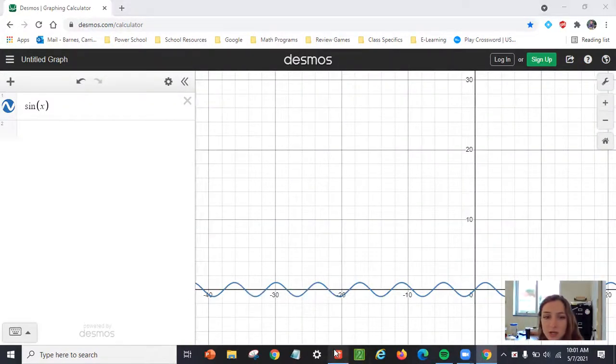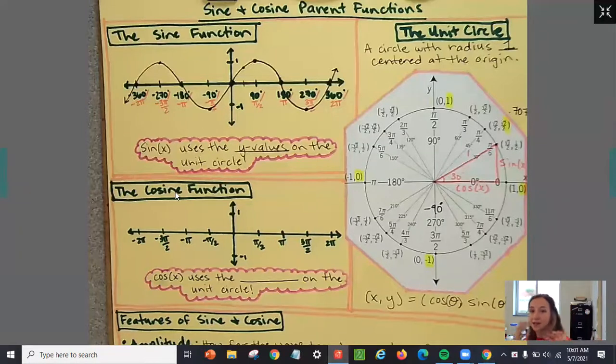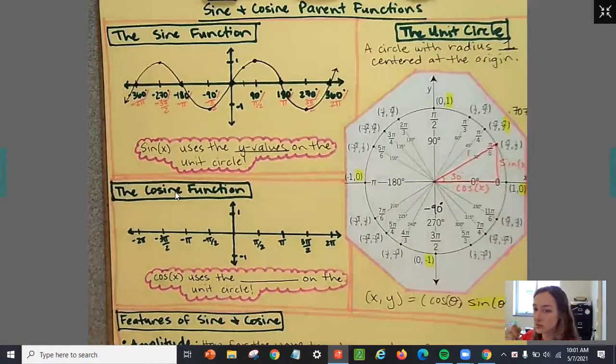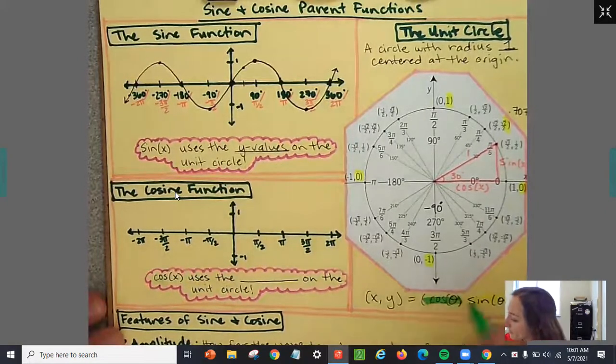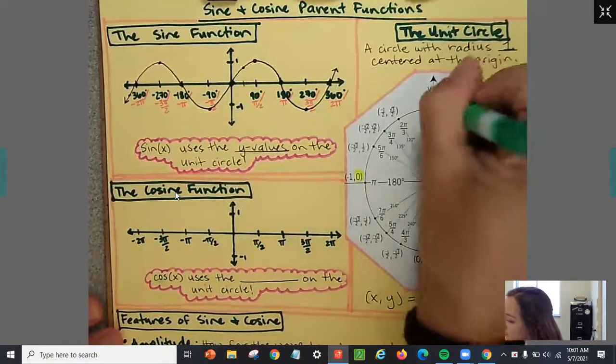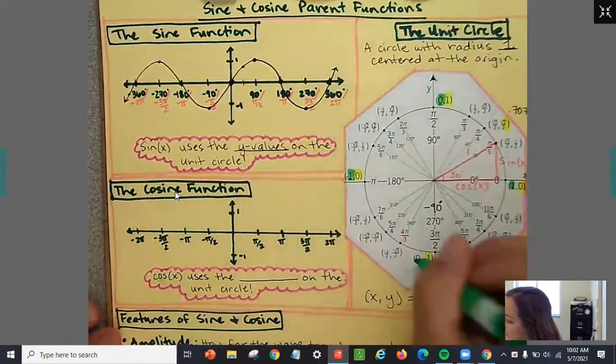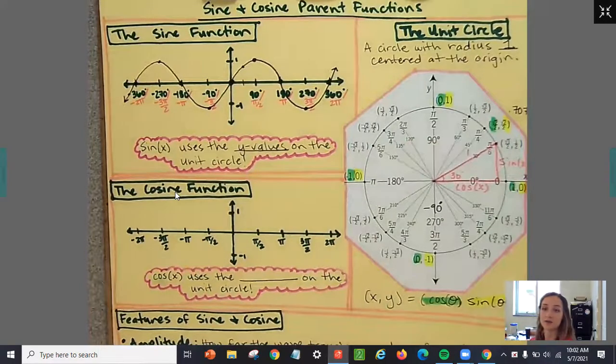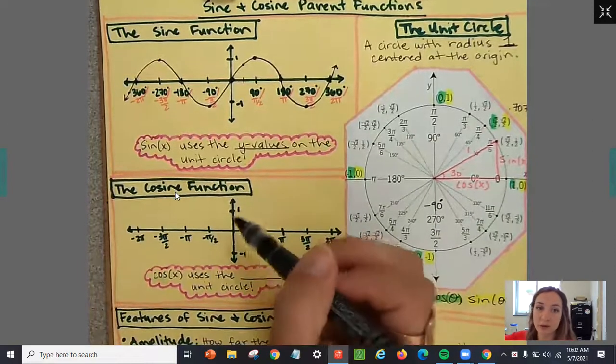All right, so let's go look at our cosine now. And instead of the y values, cosine is going to be using the x values. So let's go highlight the x values that we're going to use. Okay, we're going to use 1, 0, -1, 0, and we're going to be using this 0.707. All right, so let's start at 0 degrees, or 0 in radians.